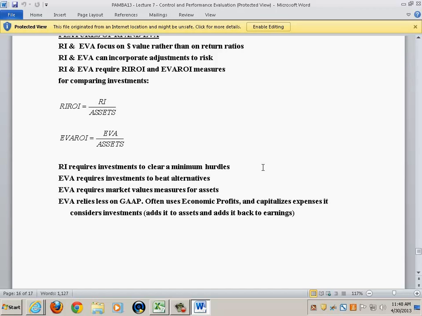And EVA relies less on GAAP because the adjustments that it makes for the calculation of the net operating profits after taxes include many cash flow items.